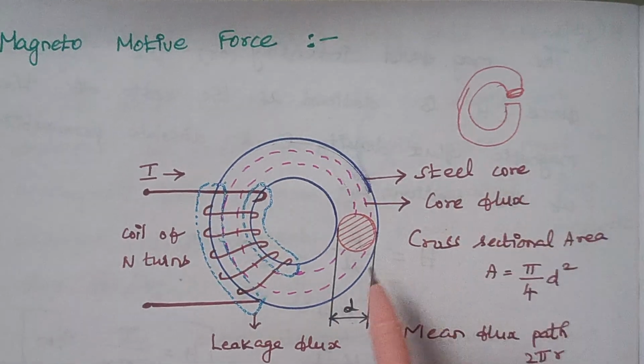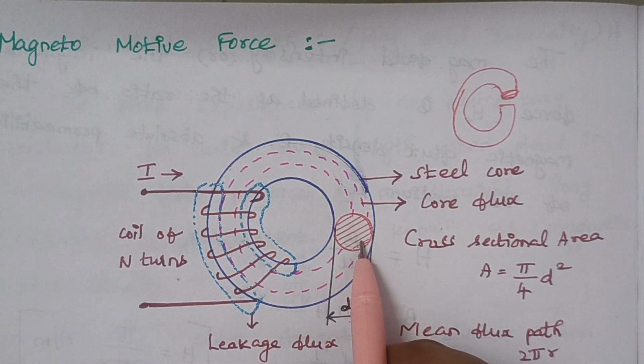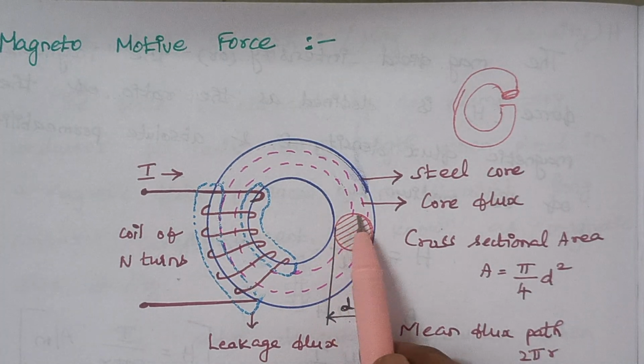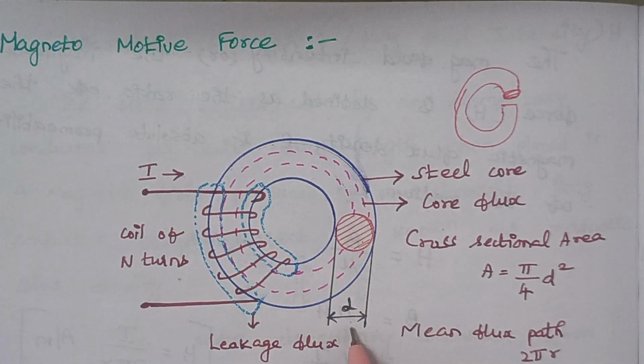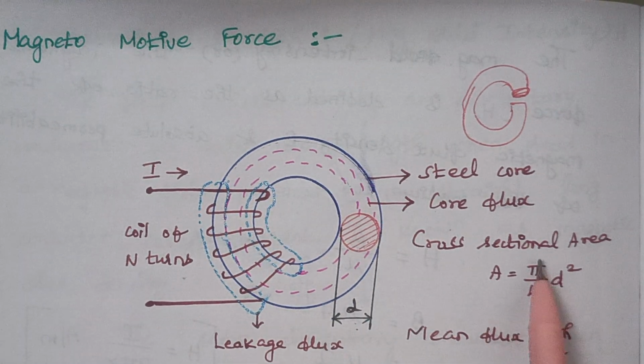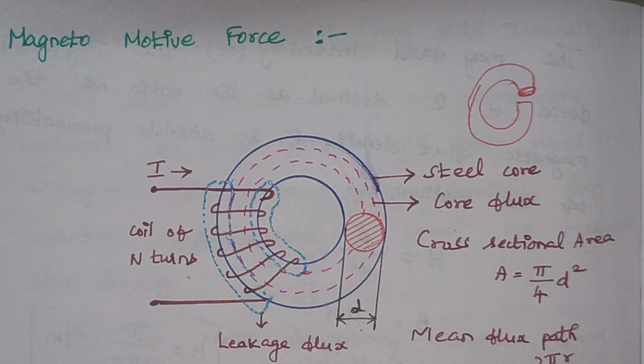This is what is represented here as the cross-sectional area. If the diameter of this circular cross-sectional area is d, then what is the area? The area is given by pi by 4 d square.